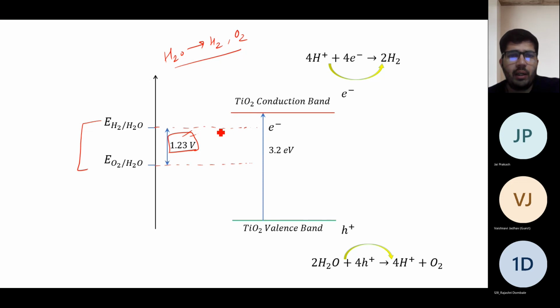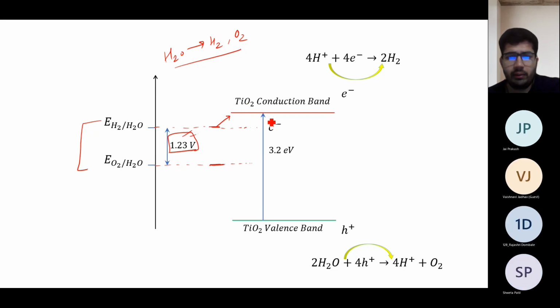The conduction band should be above this value, and the valence band should be below this value. So here we can see that for titanium oxide, the valence band is much below this value, and the conduction band is much above this value. So this titanium oxide can be used for this reaction, and we can see that the band gap value is 3.2 electron volt.